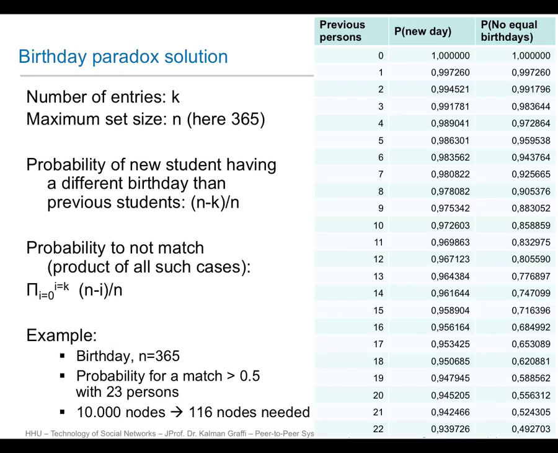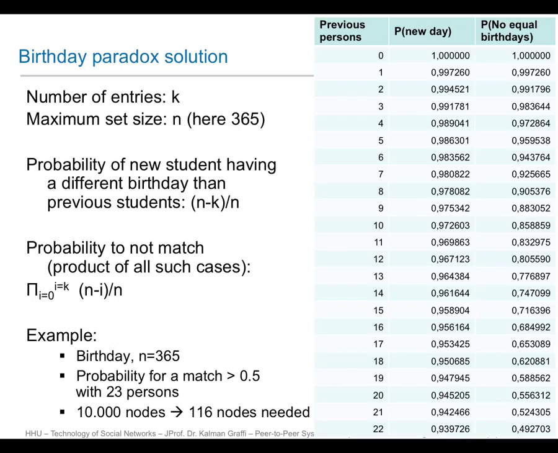So for the 23rd student, there are already 22 in the room, and the probability that you have a new birthday is 343 over 365.